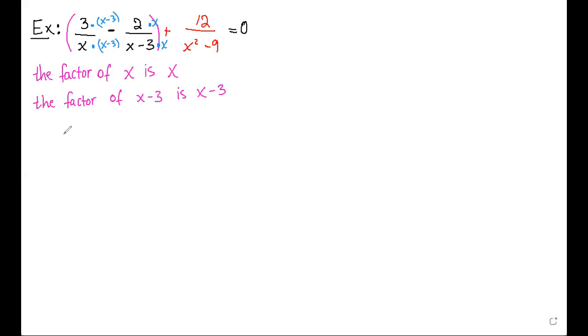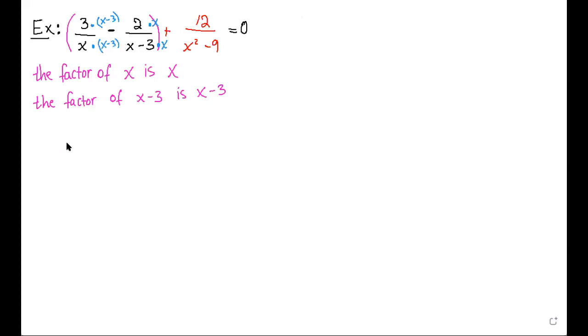So now we get 3 times this term minus 2 times this term times x. The denominators are equal: x times x minus 3 and x minus 3 times x, both of them are equal.